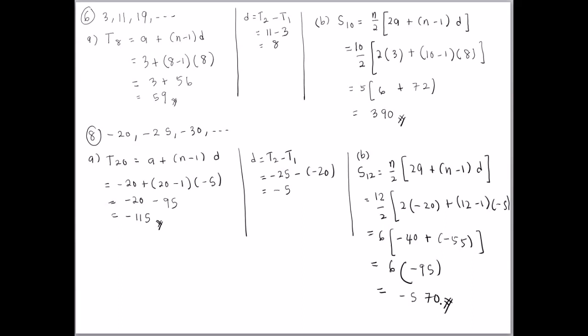Okay, that is the correct answer. Okay, next question is question number 12. For question 12, the first and the seventh term of an arithmetic sequence are 1 over 2 and 13 over 2 respectively.